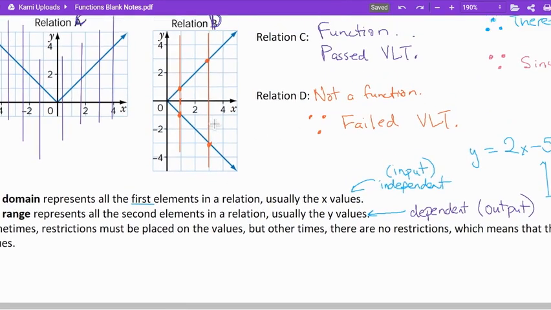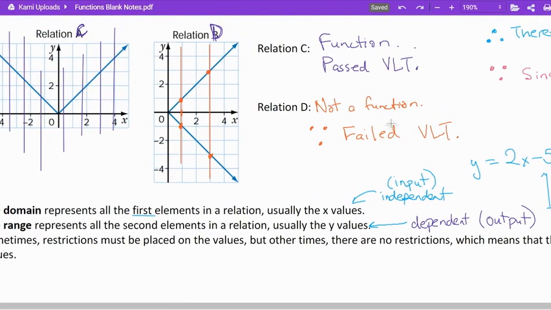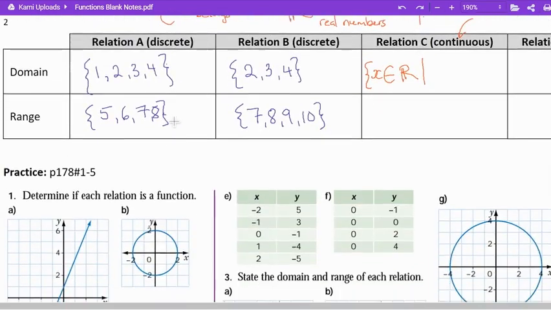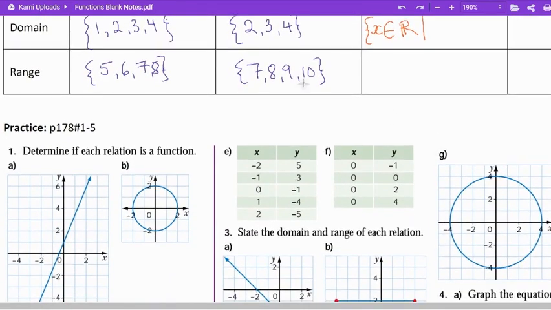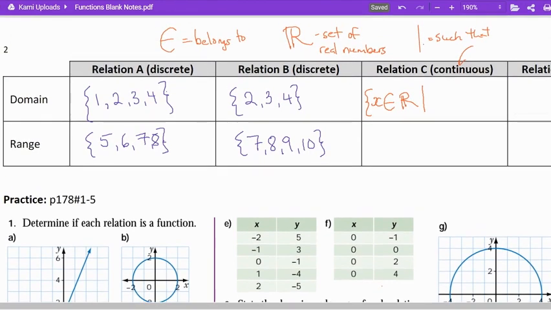So in this case, relation C actually has no restriction on the domain. Every single part of the x-axis has that function on it. And so I actually don't need to state a restriction. So I'm going to erase the such that symbol and just say that the entire set of real numbers, so all real numbers, are part of the domain of this relation.